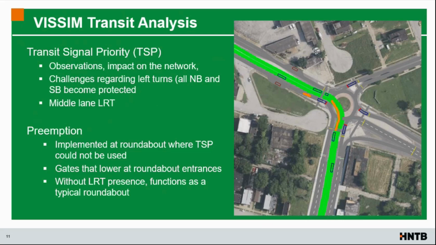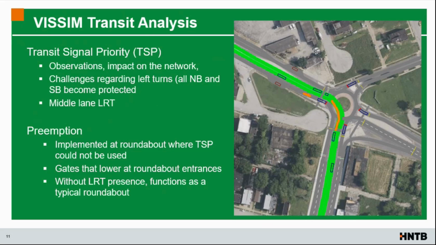We also had a preemption at the roundabout. As you saw, it was on the top right corner of our network. This looks more like a European application, where you can see the light rail in the middle of the roundabout. You don't see it much here in North America, but this is something that we worked on.